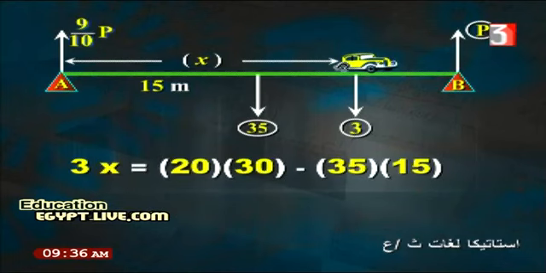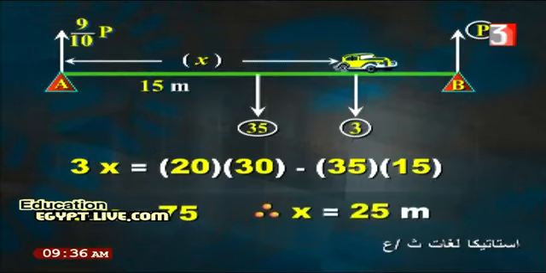Therefore, my dear student, 3x equals 30B minus 35 times 15. 3x equals 20 times 30 minus 35 times 15. 3x equals 75. Then x equals 25 meter. Then we deduce that when the car reached a distance of 25 meter from the point A, the pressure at point A equals 9/10 the pressure of B. Understand, my dear student?